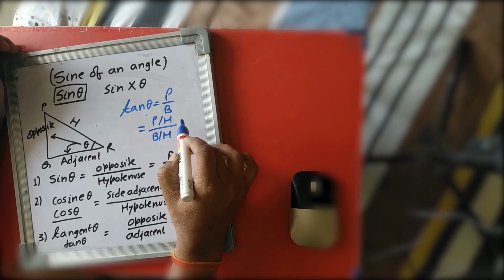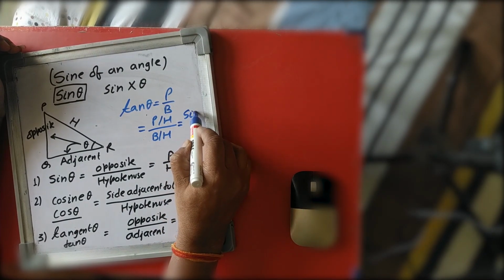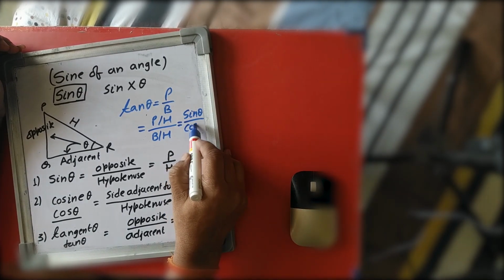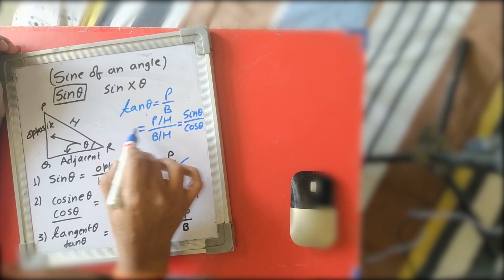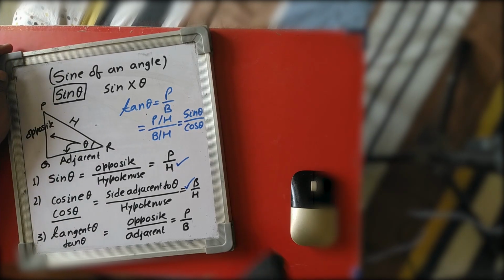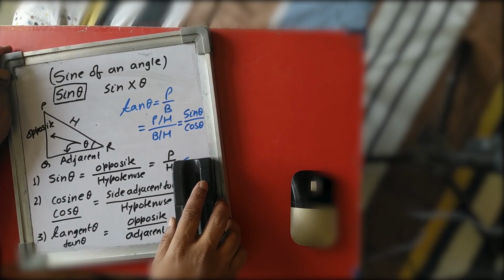What will I get? Perpendicular upon hypotenuse, as we see here, is sine theta, and base upon hypotenuse, as we see here, is cos theta. So I can say that tan theta is also equal to sine theta upon cos theta. This is something we may use later on in solving many questions in trigonometry.